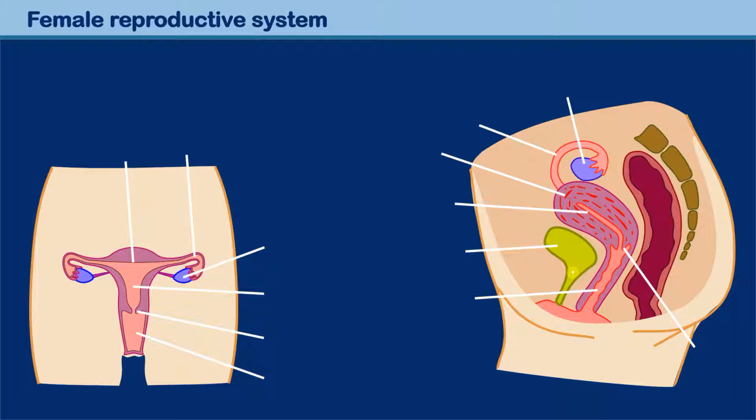But let's start labeling. Over here you have the fallopian tubes, also known as the oviduct. The fallopian tubes connect the ovaries, over here in blue, with the uterus, which is here in the center.